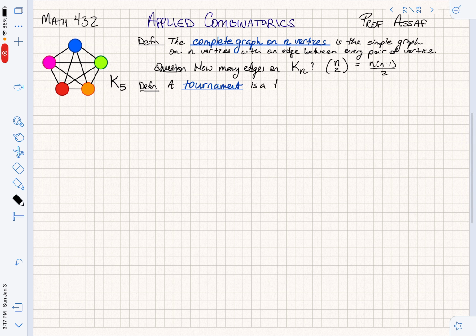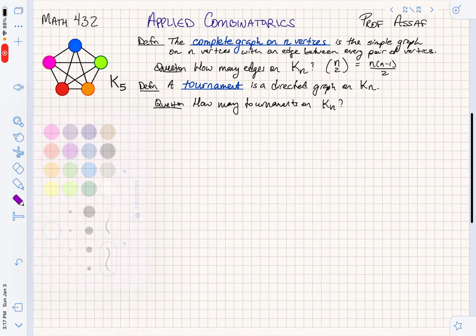It is a directed graph on Kn. So here's a question. How many tournaments are there on Kn? As we think about that, let's look at this graph example that we have over here.